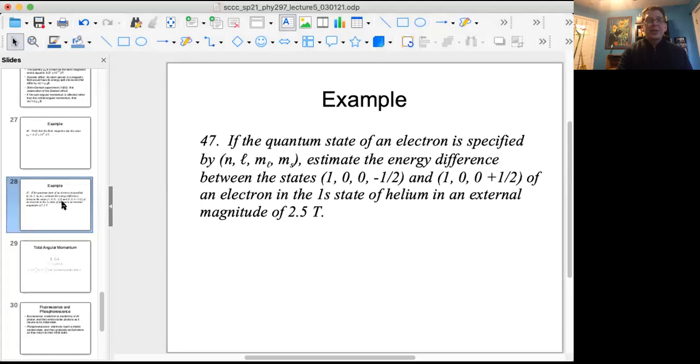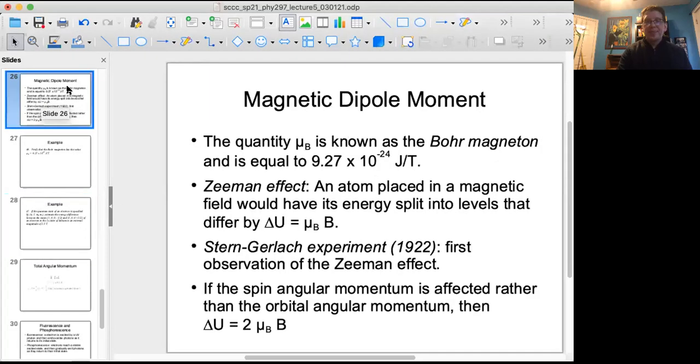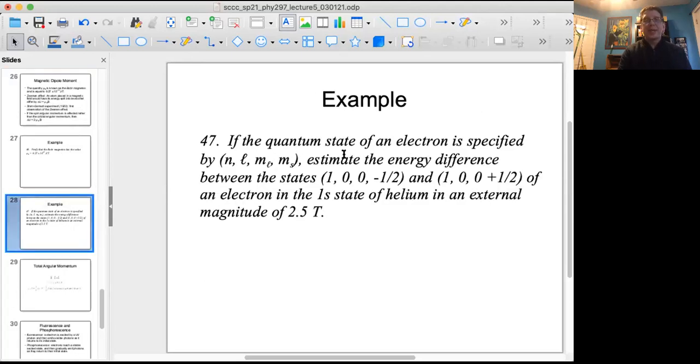So going back two slides, for the spin angular momentum, it's 2 times the Bohr magneton times B.